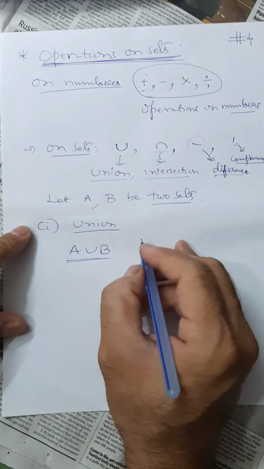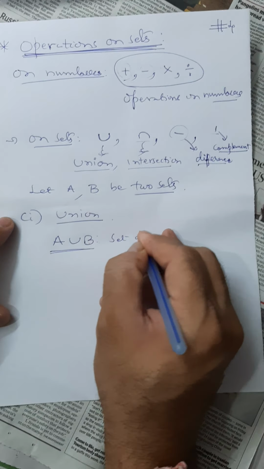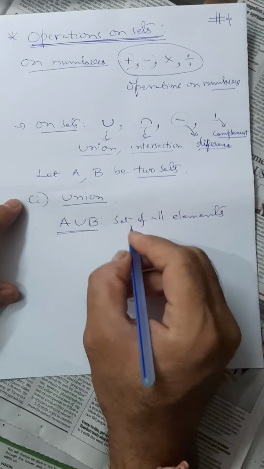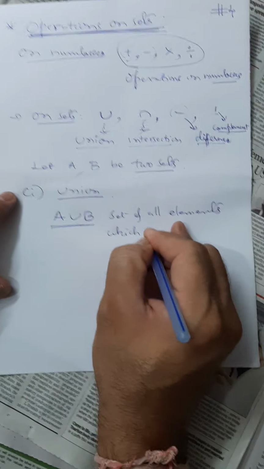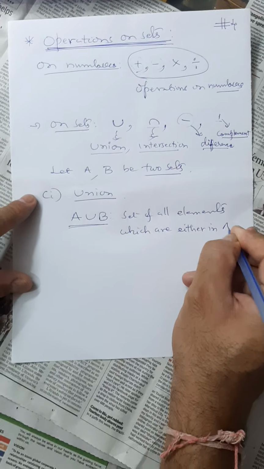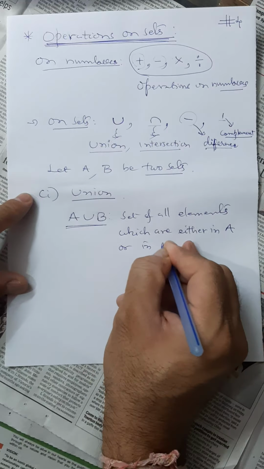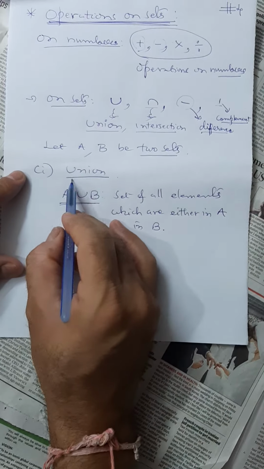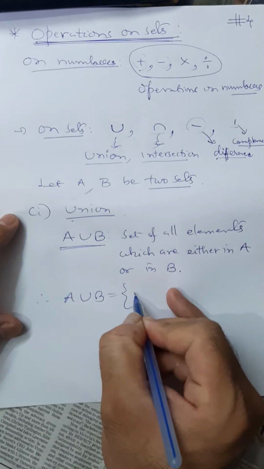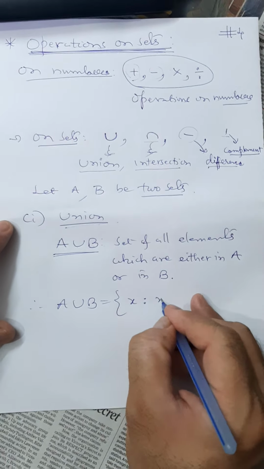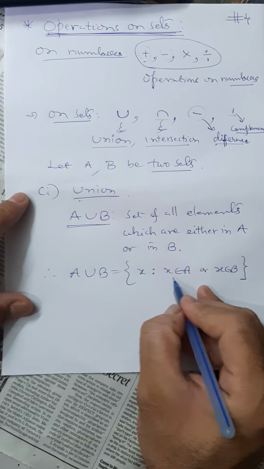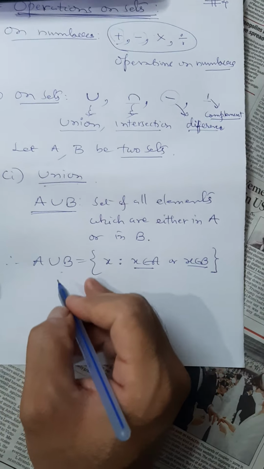A union B is the set of all elements which are either in A or in B. So this is called union. Therefore A union B is represented by all x such that x is in A or in B. So every member which is in A or B is referred to as the union.